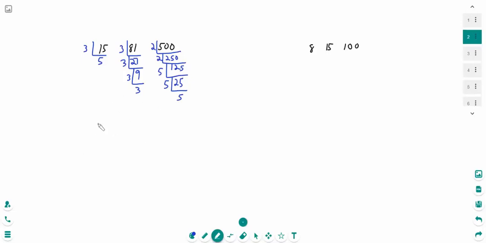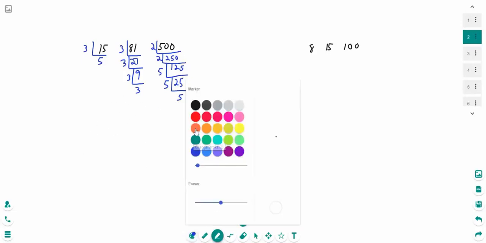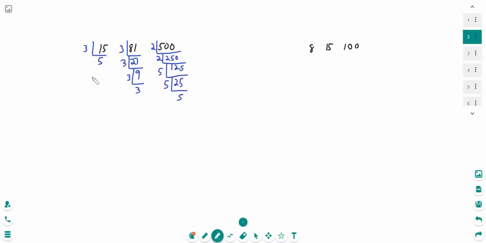Okay, now we talk about what numbers we are dealing with in these factors. Maybe we'll start with the smallest number, that way we keep it organized and we won't miss any. If we start with a 2, I see 2s in this last one, and that's the only one with 2s, and it has two of them.